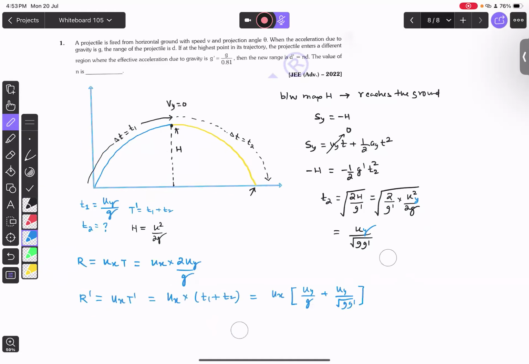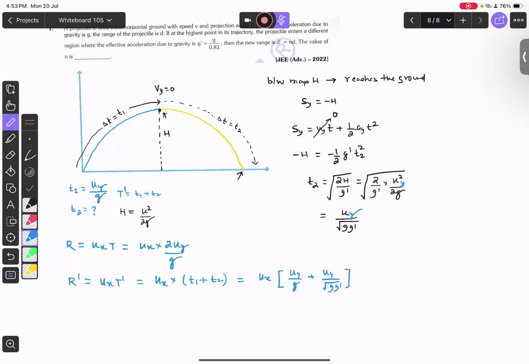Yes, sir. So ui I can take out common. So we get ux ui into 1 by g plus 1 by root g g dash.